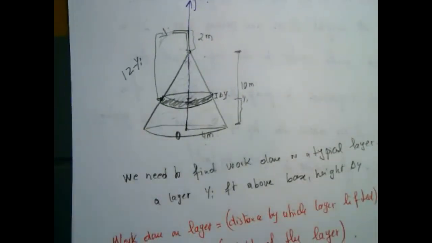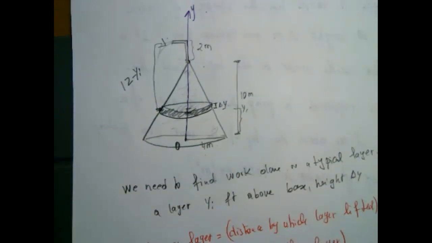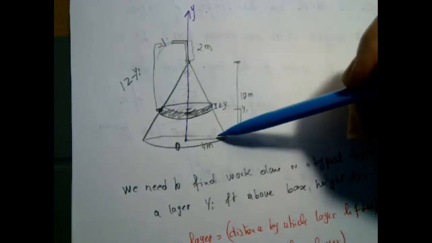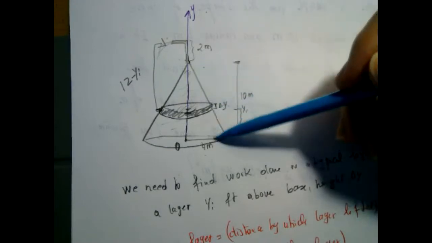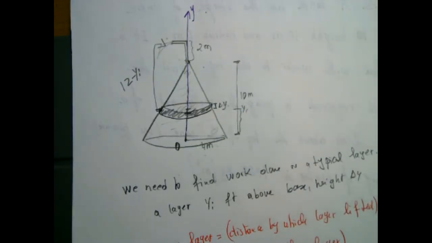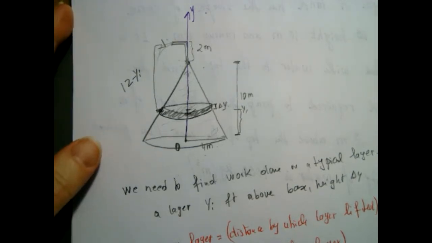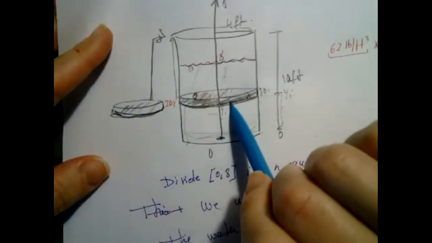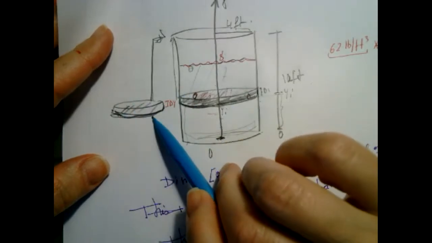Go back to the picture. How is this problem going to change from the previous problem? Is the weight of the layer going to change with its height above the base in this problem? If I go back to my first problem, when it's a cylinder, what was the volume of every layer?